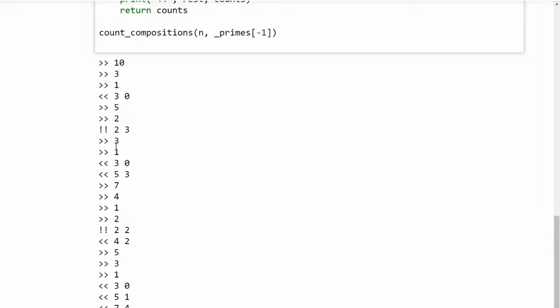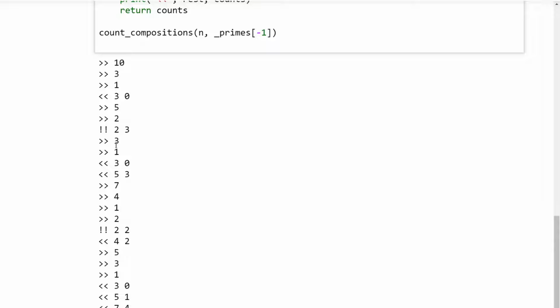Yeah, the loop inside the recursion makes me confused. But we do need it here. Let's say, for example, for the 3 case, we have 3 and the rest is 7. And then we loop through. We take 2. We are not taking 3 yet first.